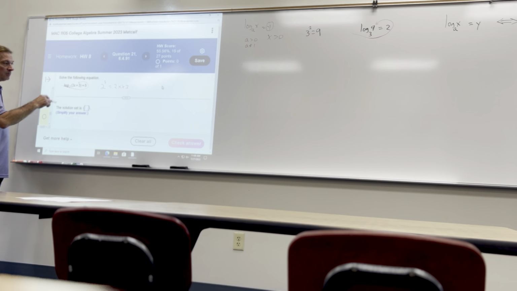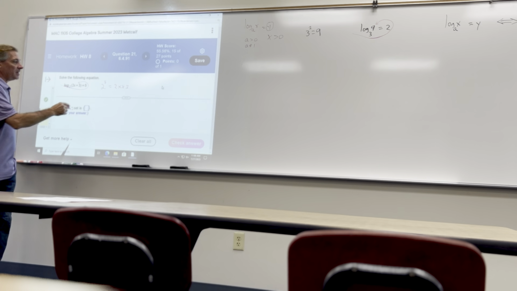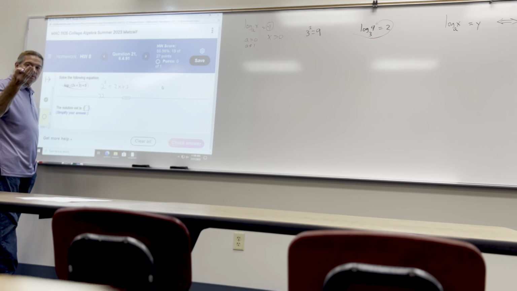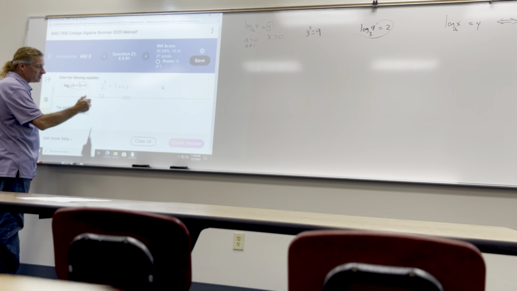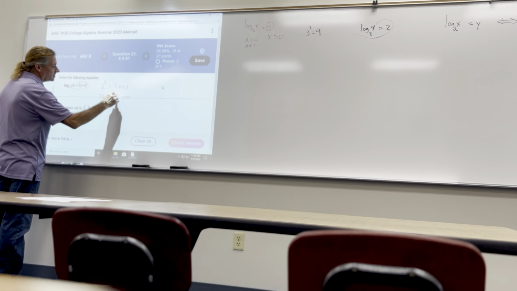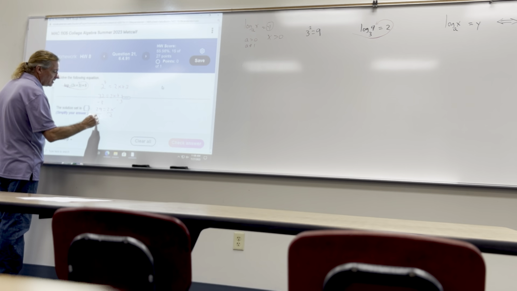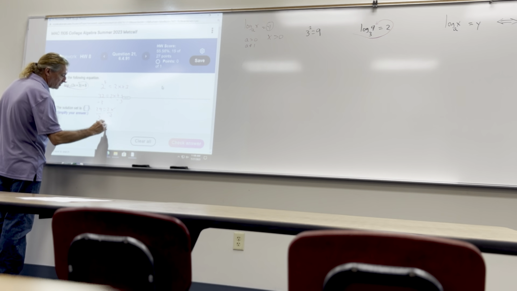In this case, it's not going to be a problem, but we'll have to check. Okay, so 2 to the 5th is 32. That's 2 times 2 times 2 times 2 times 2. I know it's 32. Is equal to 2x plus 3. And we'll just solve this as normal, so it's 29 is equal to 2x, divided by 2. So x is equal to 29 over 2.